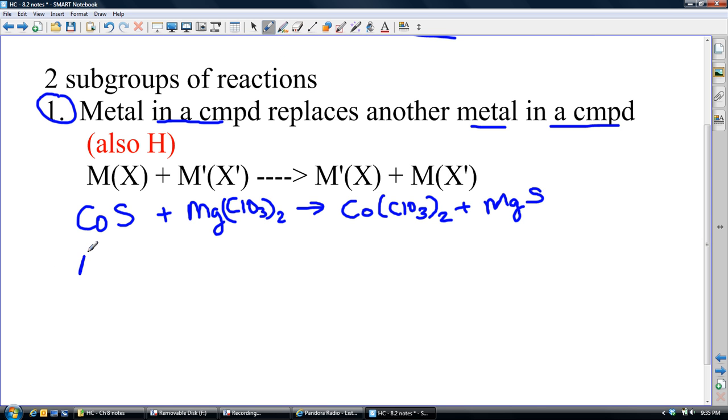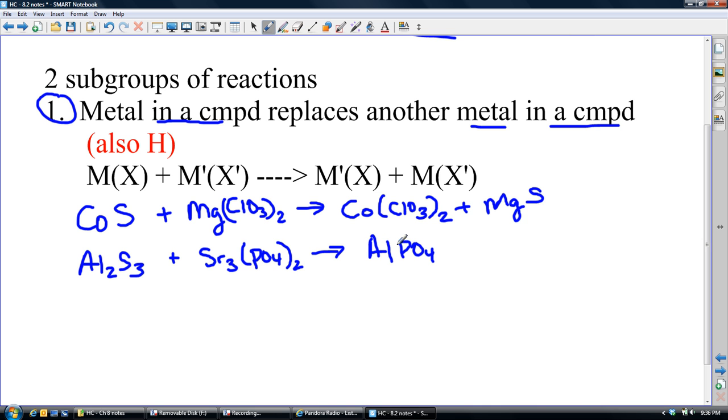So let's mix it up here. Let's say we choose aluminum sulfide, and we pick strontium phosphate. Metals trade places. Aluminum will now go with phosphate.